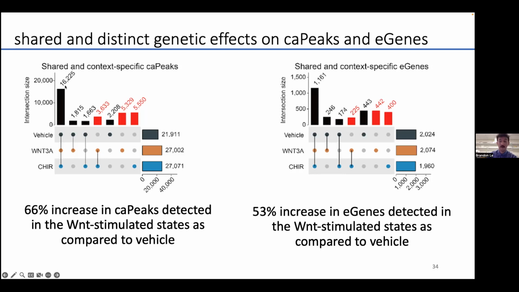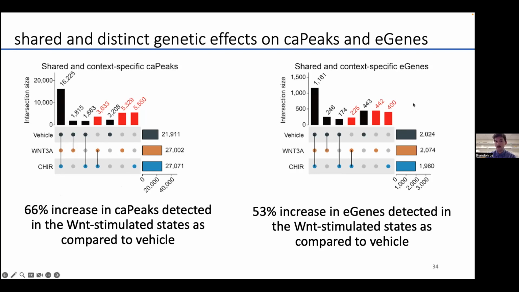For example, we found a lot of genetic effects on chromatin that are shared regardless of the condition that you map them in. But in red, we were able to find these Wnt-specific genetic effects on chromatin. In fact, we found a 66% increase in the number of genetically regulated caPeaks in the Wnt stimulated state compared to vehicle.